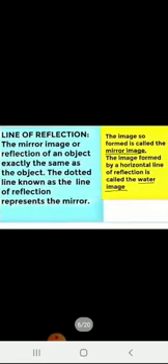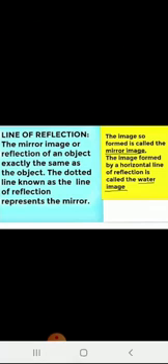Now let us see what is meant by line of reflection. The mirror image or reflection of an object is exactly the same as the object.